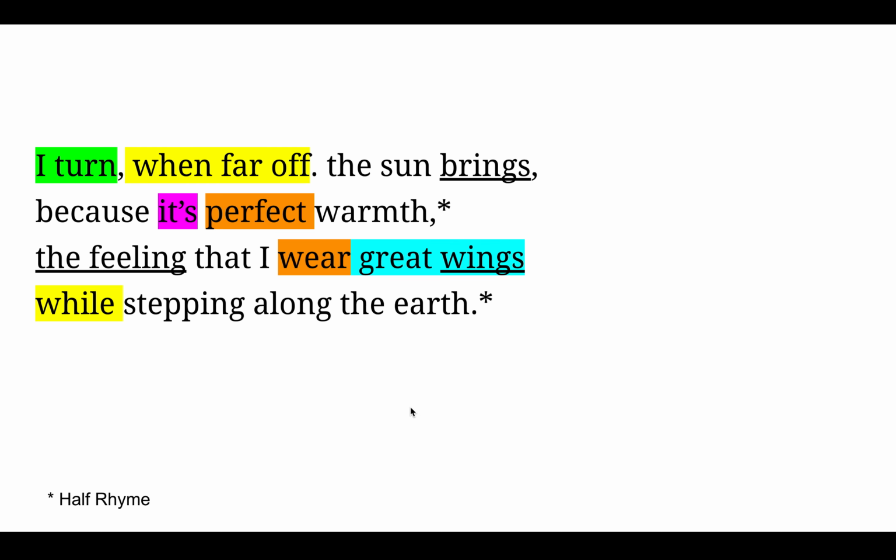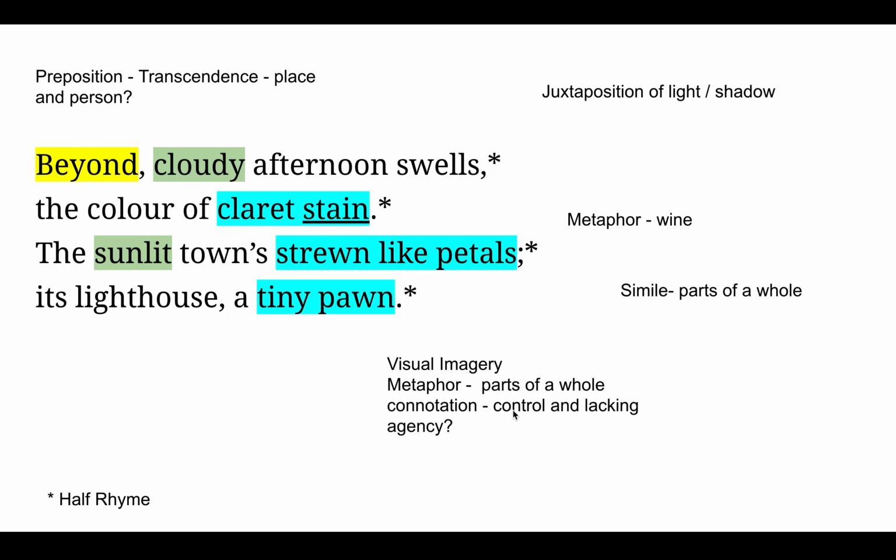But are there also connotations there of lack of control or lack of agency, as a pawn is something that is under the control of a queen or of another power? And if he's using that pawn to have that connotation, then the question is the town and what it represents in terms of man. Is it saying that it has no power against nature? Something to think about there.